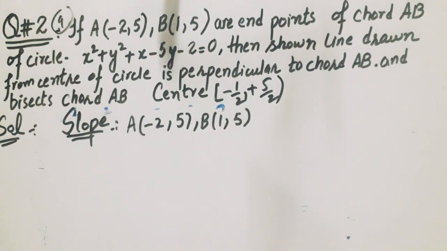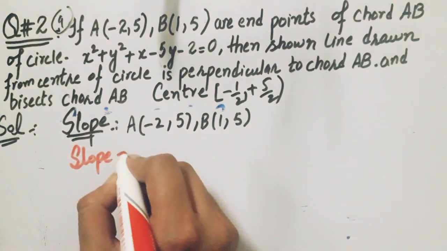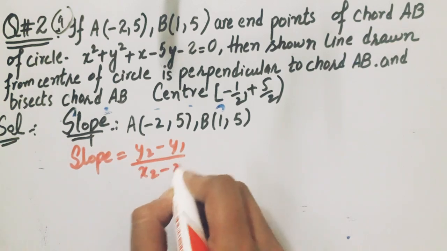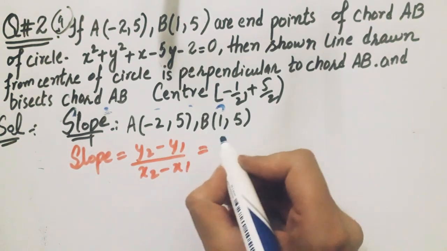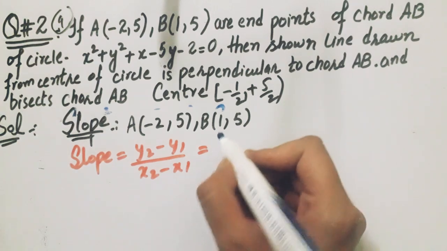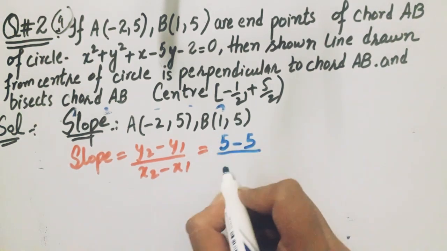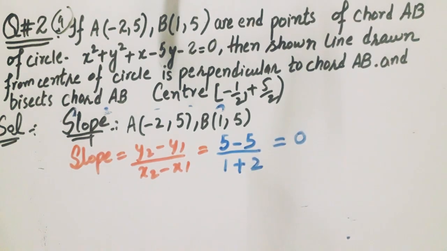So you know the formula of slope is equal to y2 minus y1 divided by x2 minus x1. So it will become 5 minus 5 and 1 plus 2. So slope is 0.